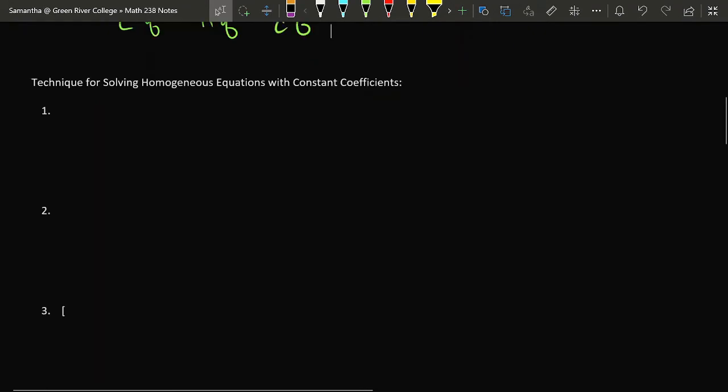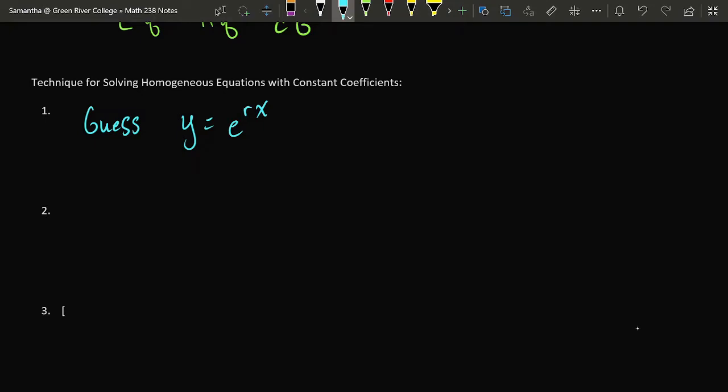Now, the technique for finding solutions to homogeneous equations with constant coefficients is to once again go in with an educated guess. You're going to guess that a solution has the form y equals e to the r times x. Where does this guess come from? A whole lot of research by a whole lot of very intelligent folks over a long period of time.